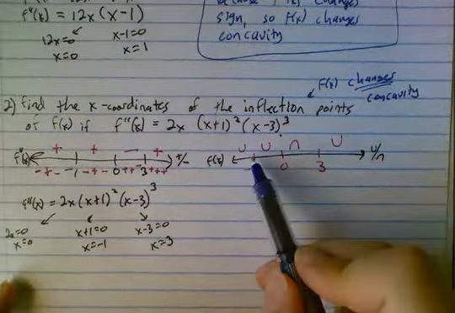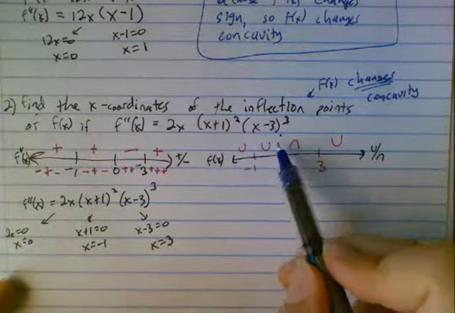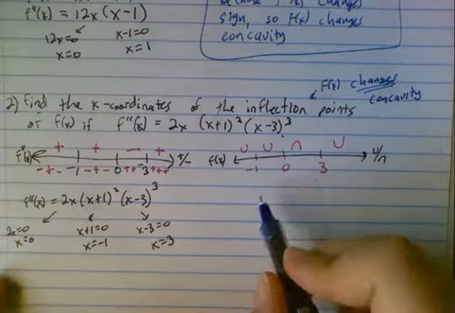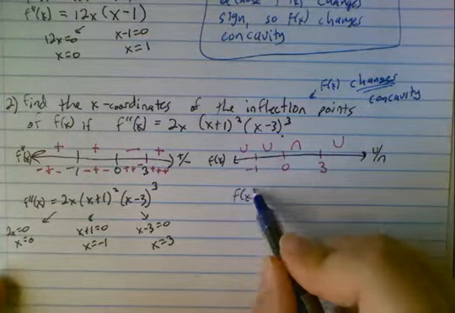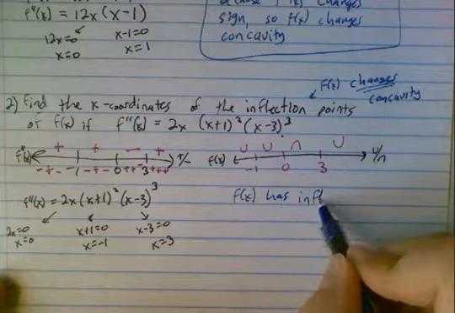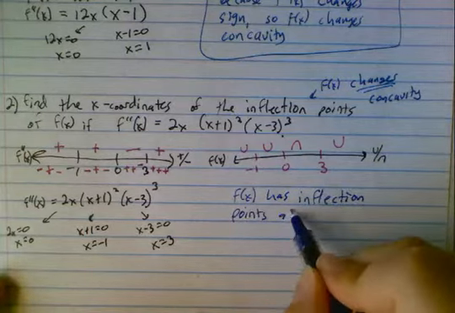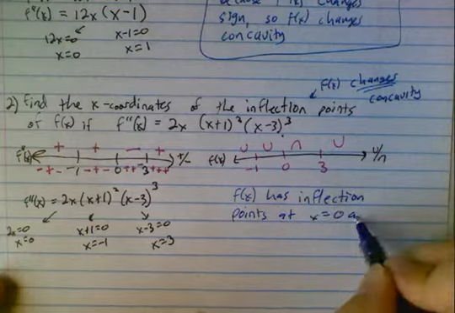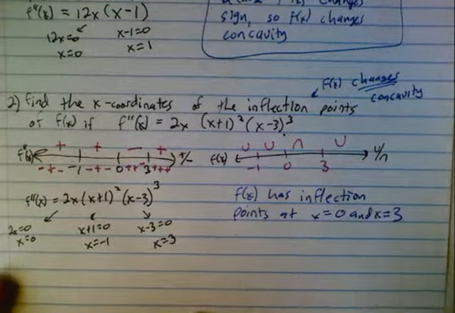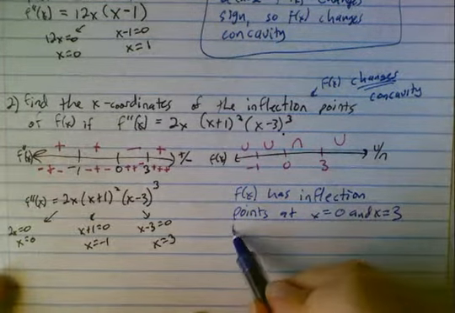That means that negative 1 is not an inflection point because concavity doesn't change. We do have inflection points at 0 and at 3, for the same reasons that we listed above.